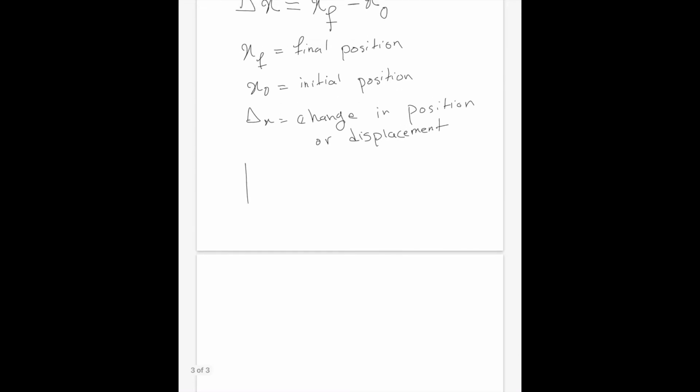Okay, so in our example, let's say this is my coordinate system. And I want to assume that the bus stop is at the origin of my coordinate system. And the coffee shop is here, 2 meters away from the bus stop.